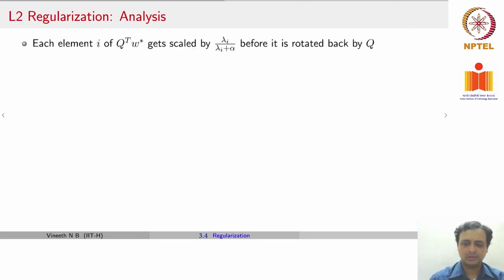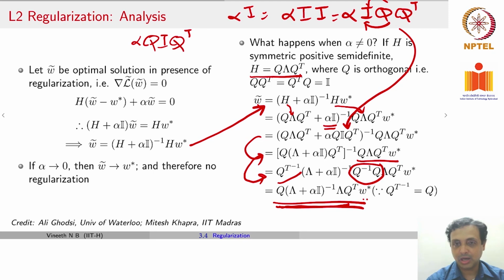If you observe here, you first take W star, multiply it by a matrix Q transpose, which is equivalent to doing some transformation on W star, and after you do that, you are multiplying by this term here. This term, remember, lambda is a diagonal matrix. Whenever you have a decomposition such as this, lambda will be a diagonal matrix.